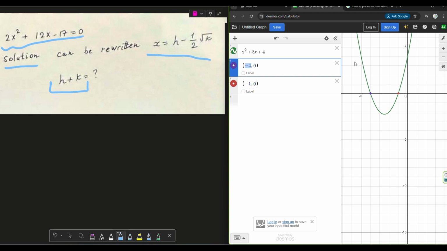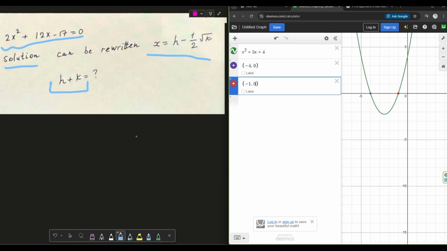When we plug negative 4 in our function instead of x, our output is 0. And when we plug negative 1, our output is again 0. What does it mean? For us, a solution is whenever the value of y equals 0. Just please keep this in mind because we will need it a bit later.